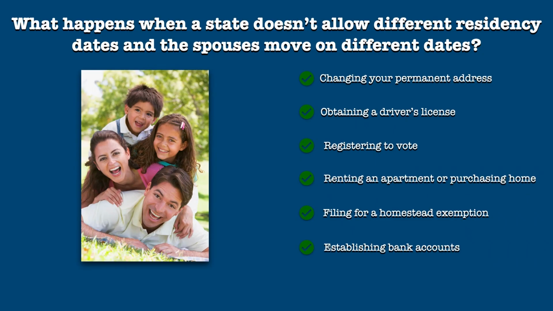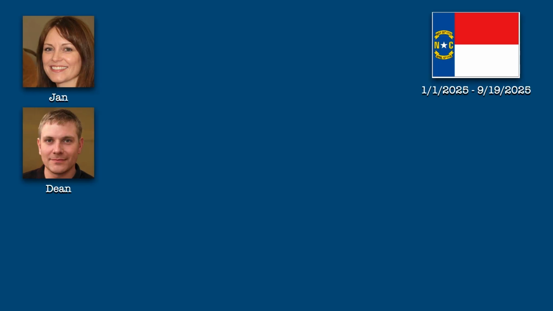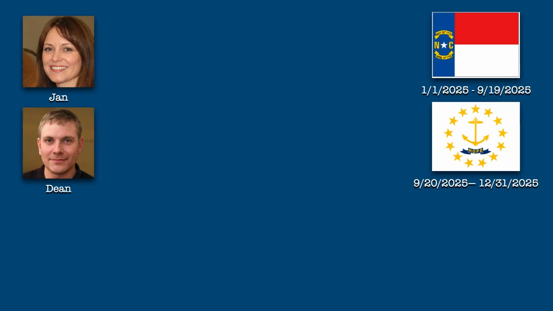Here's an example of how part-year residency works. Jan and Dean are residents of North Carolina on January 1st, 2025. They moved to Rhode Island in September of that year. They spent their first night in the state on September 20th, and right away they obtained driver's licenses and registered their automobiles in Rhode Island.